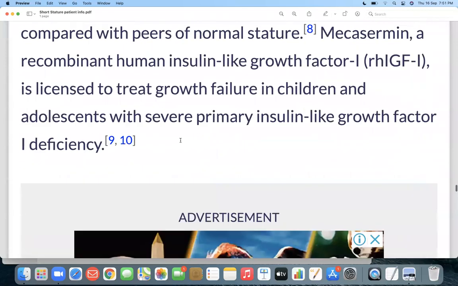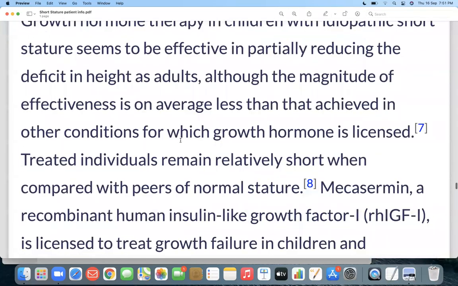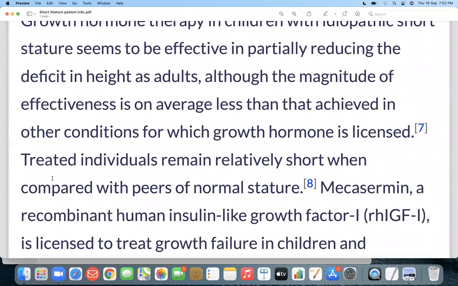Okay, I want to also know about the adverse effects of growth hormone. Let's read this and then we'll talk. Growth hormone therapy in children with idiopathic short stature seems to be effective in partially reducing the deficit in height as adults, although the magnitude of effectiveness on average is less than achieved in other conditions for which growth hormone is licensed. What we read above is the licensed conditions. Okay, idiopathic short stature is not considered there.